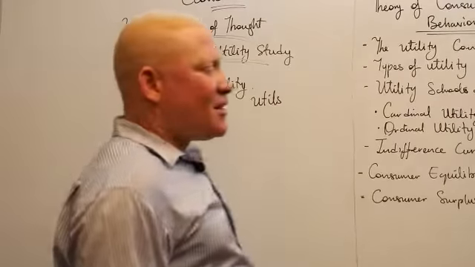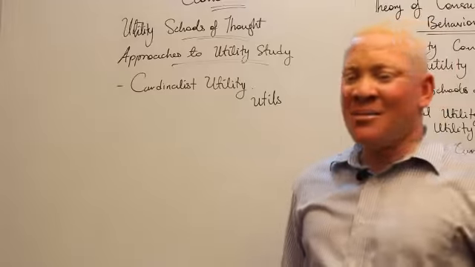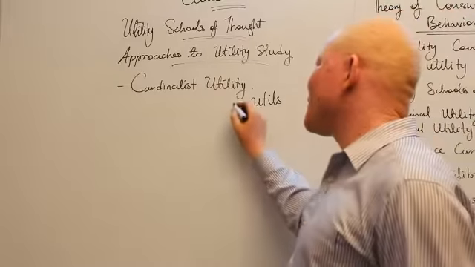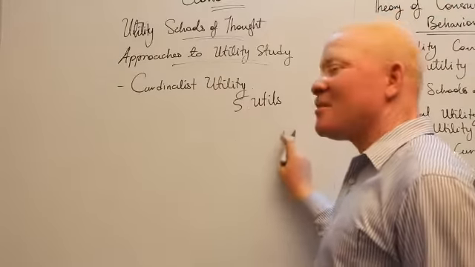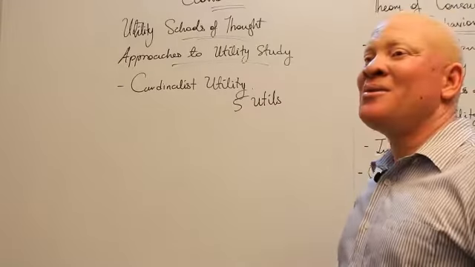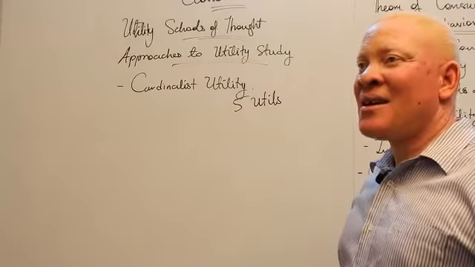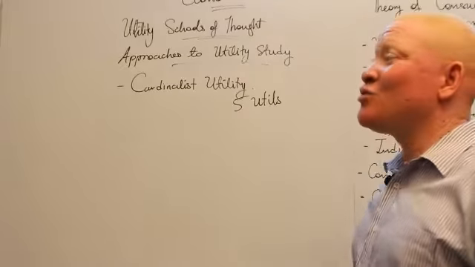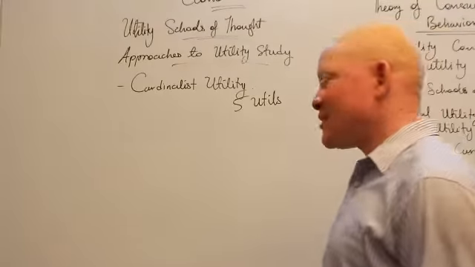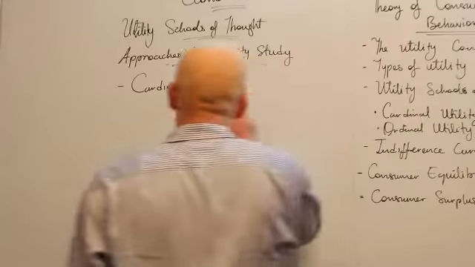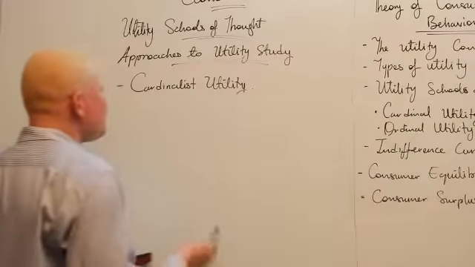Meaning that if one person eats a plate of rice, he could actually say, I have got 5 utils from a plate of rice. So their idea is that there can be units, numbers attached to what? To levels of satisfaction. In their study, they had some assumptions.